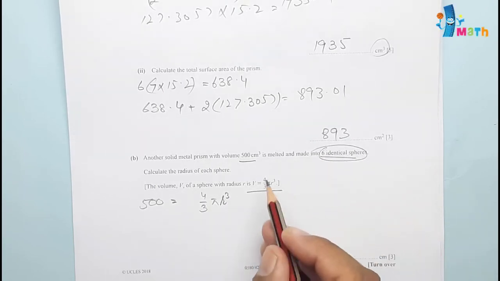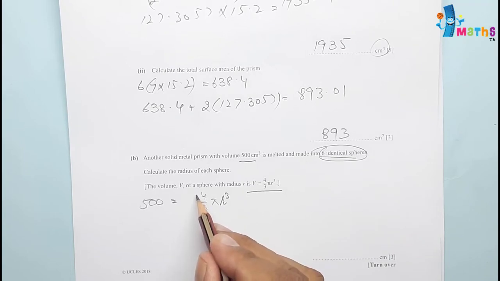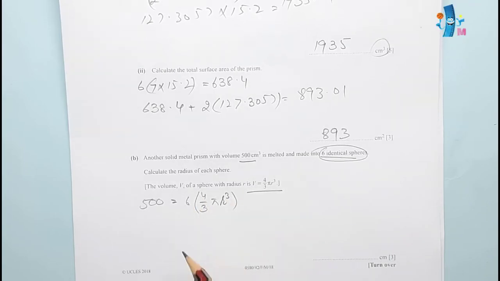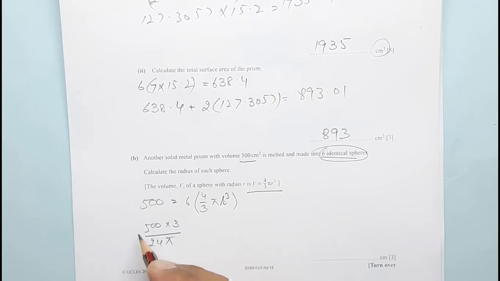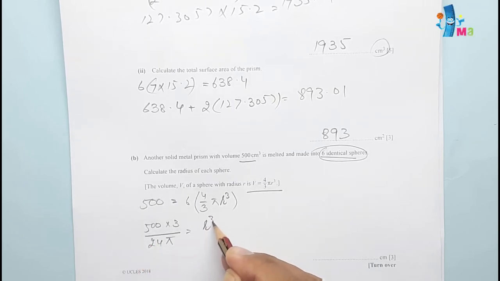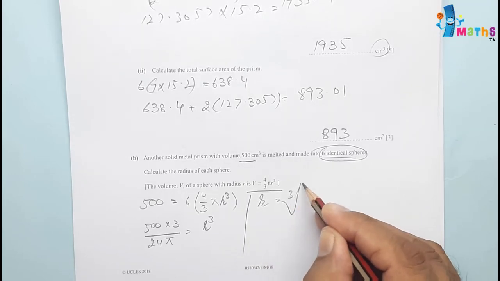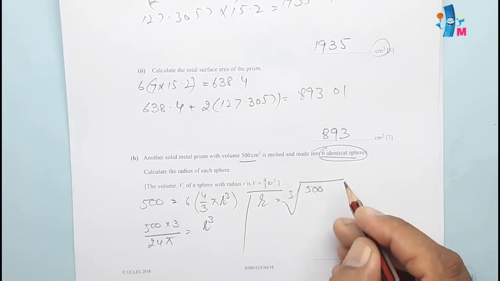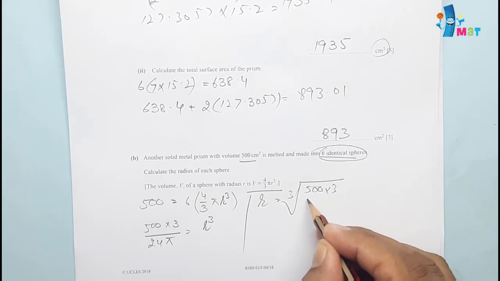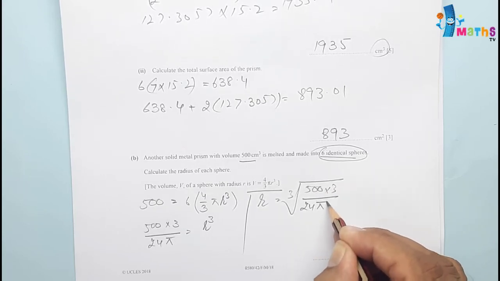But we know that there are 6 identical spheres, so we will multiply this with 6. And we have to simplify this and find the value of r. So we'll shift this side, 500 into 3 divided by 24 pi, and this is equal to r cube. So r is equal to cube root of 500 into 3 over 24 pi.